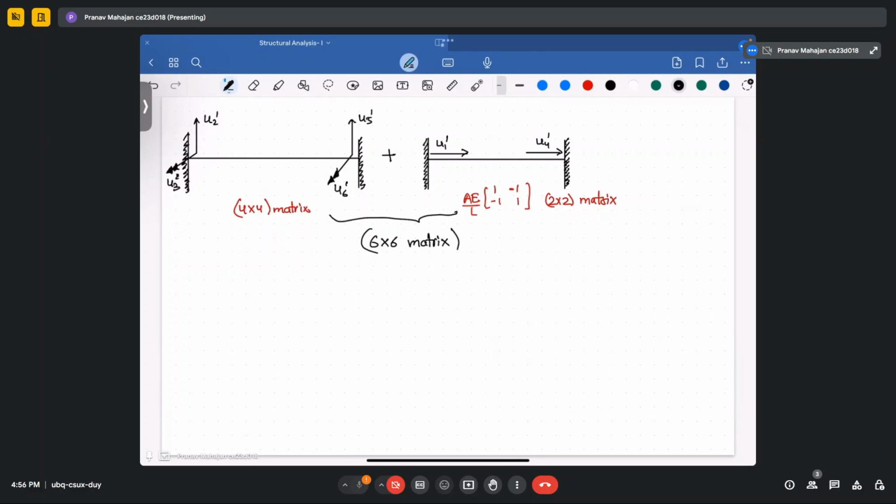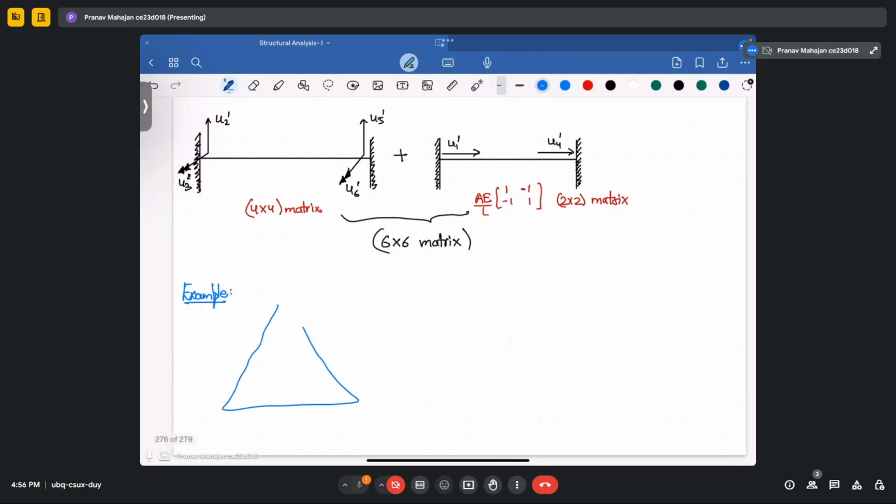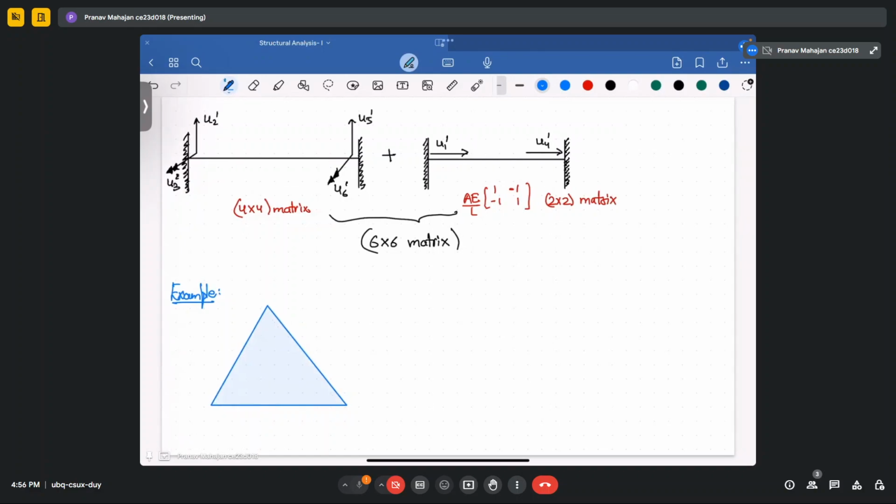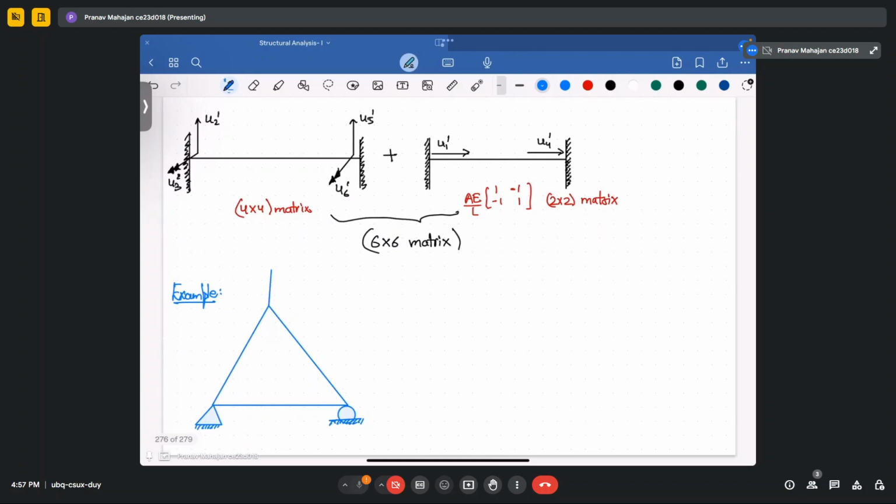So let's solve a simple problem related to a truss. So suppose you have a truss like this, okay.